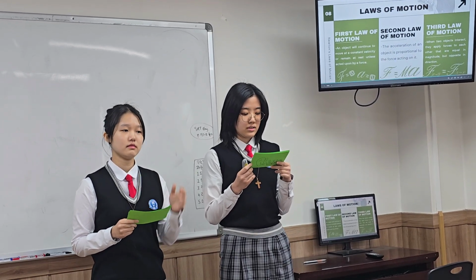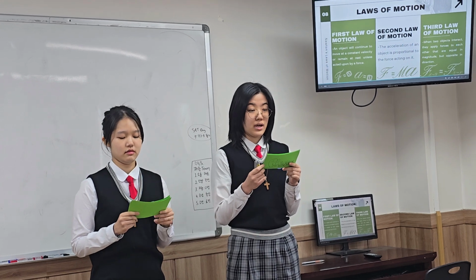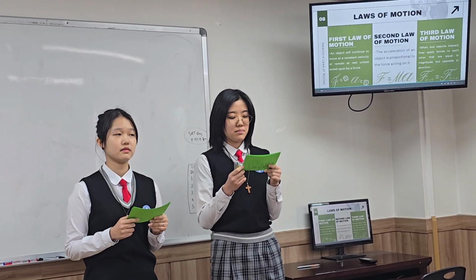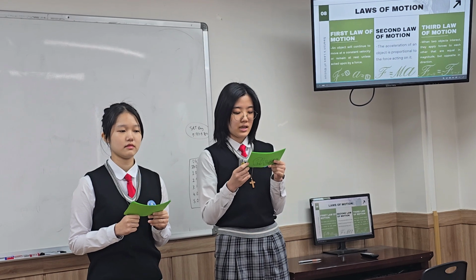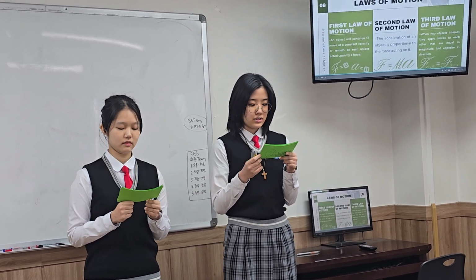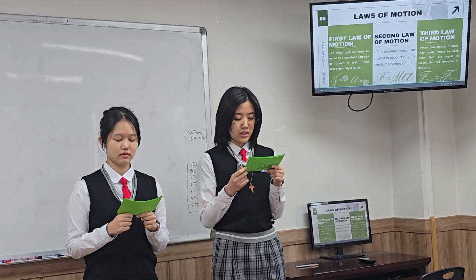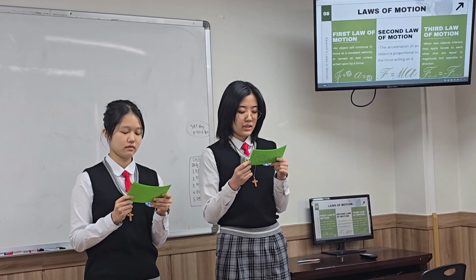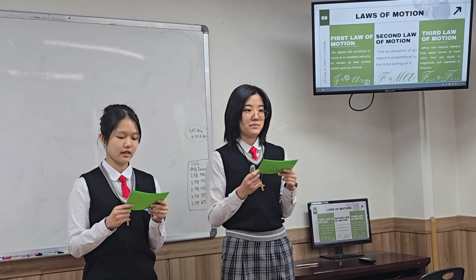Newton's first law states that every object will remain at rest or in uniform motion in a straight line unless compelled to change its state by the action of an external force. The second law of motion states that the acceleration of an object depends upon 2 variables: the net force acting on the object and the mass of the object.